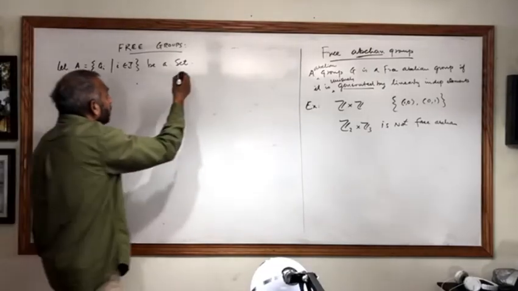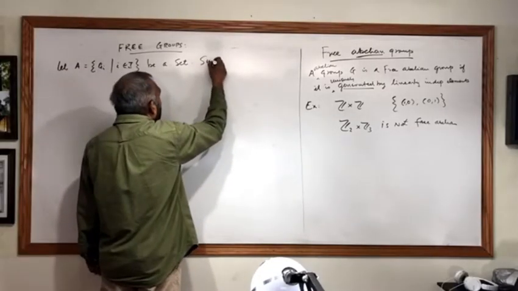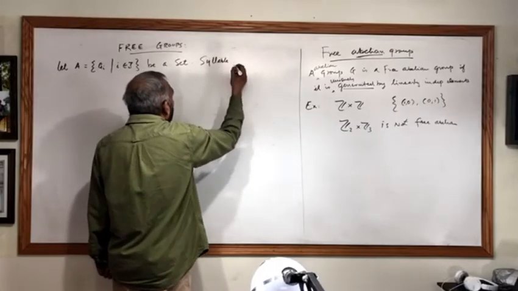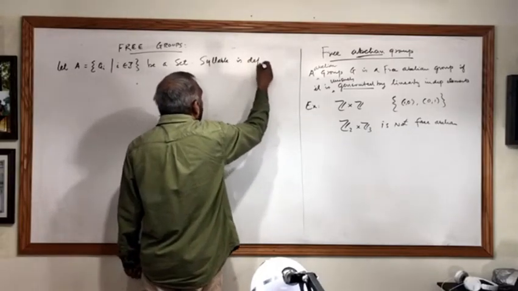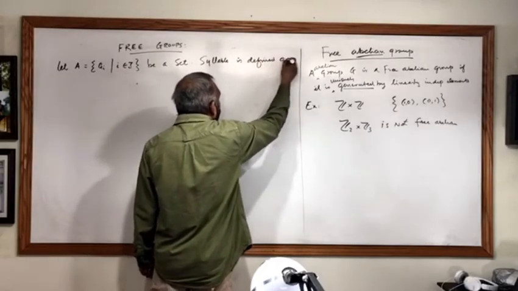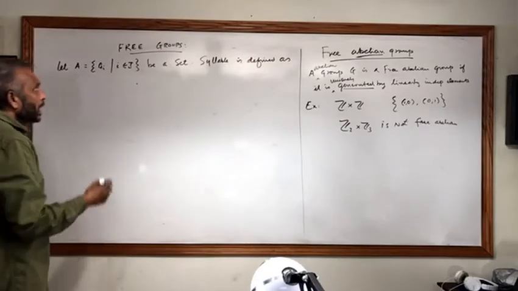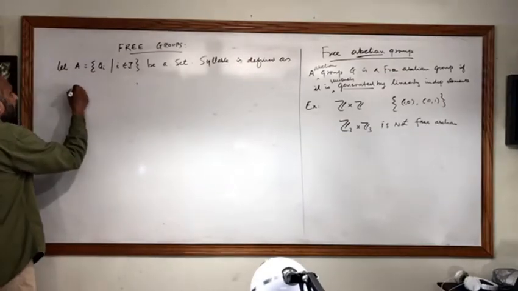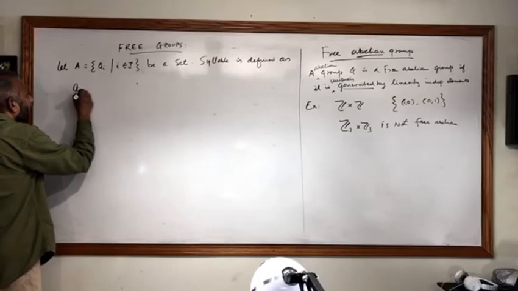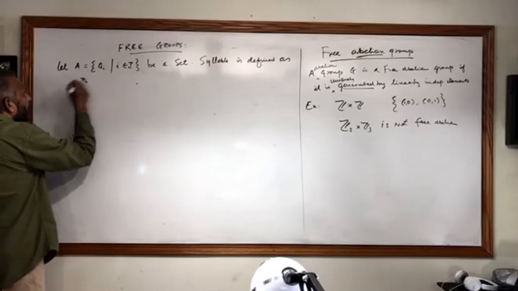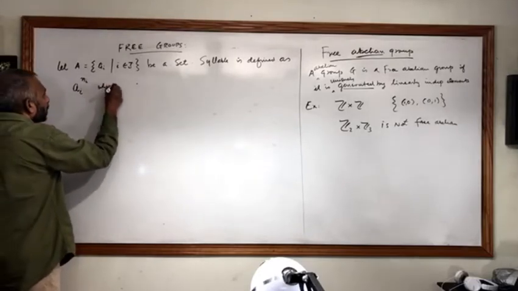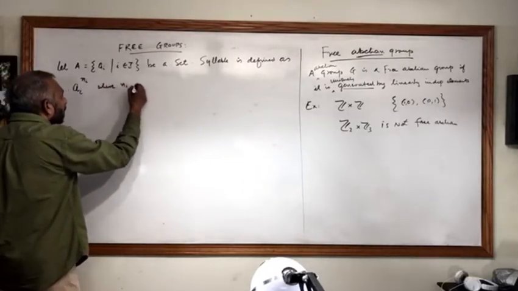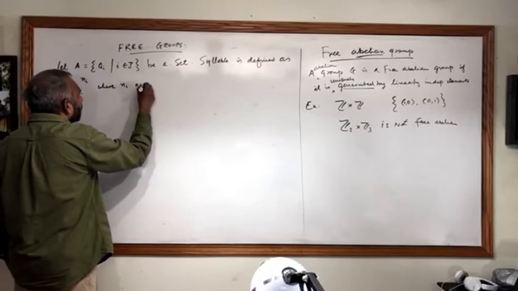Then we'll define a syllable. A syllable is defined as an object a_i to the power of n_i, where n_i are integers.